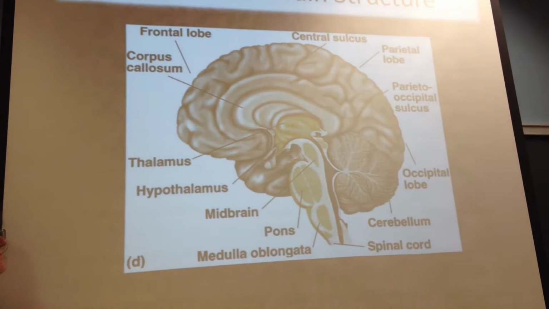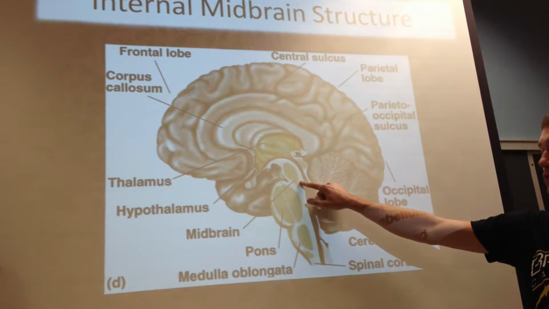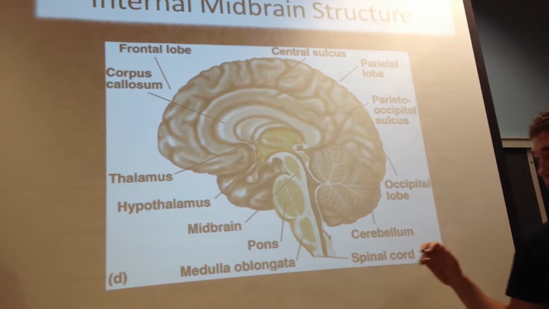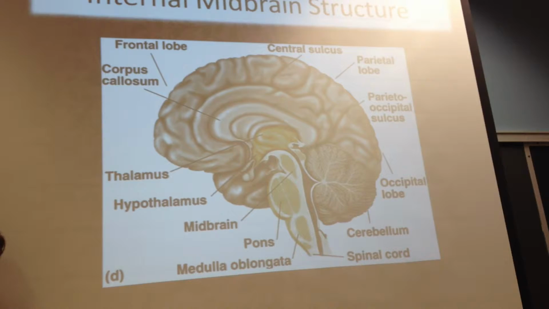So, the internal midbrain structure. The midbrain is right here, and if you slice it in half, it would reveal two parts, the posterior part and an anterior part.